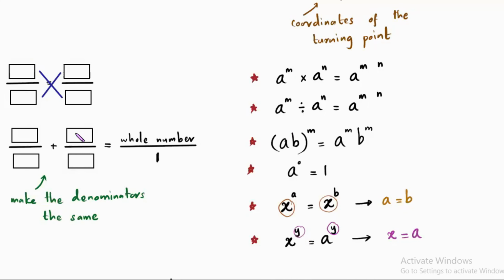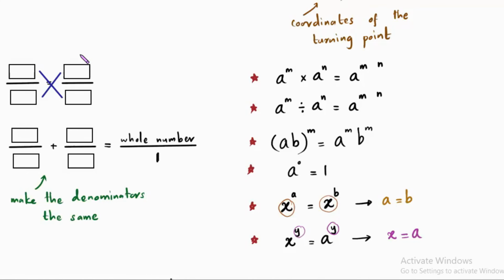Then the next set of questions that we will be discussing will be related to solving quadratic equations involving algebraic fractions. When we have fractions involved, if we have just one fraction on either side of an equal sign, we can cross multiply to solve it. If we have two fractions with an addition or a subtraction sign, we need to combine them into one fraction, and then use the cross multiplication method to solve it.